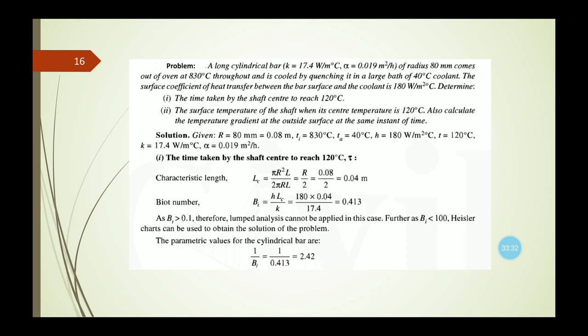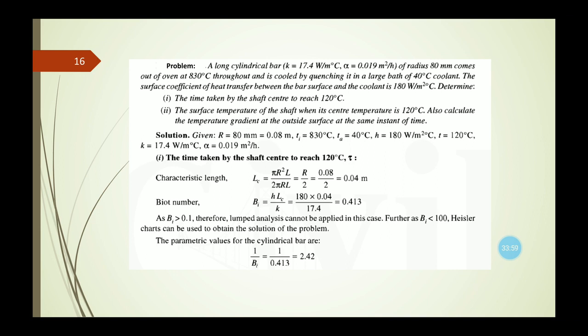Next, a similar type of numerical is also given, but it is for a cylindrical bar. In this numerical also, we have calculated the characteristic length LC and the Biot number. The Biot number we got is greater than 0.1 but less than 100, so we need to use the Heisler chart here.